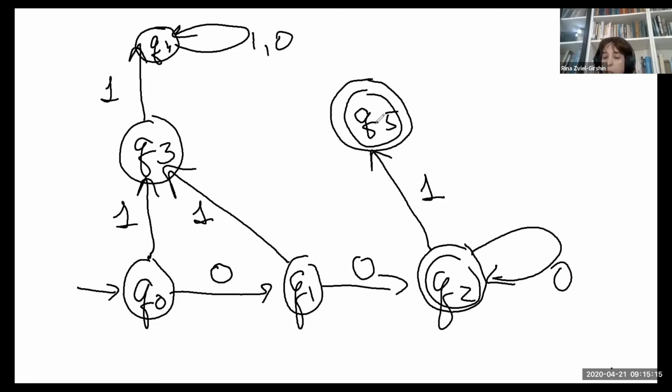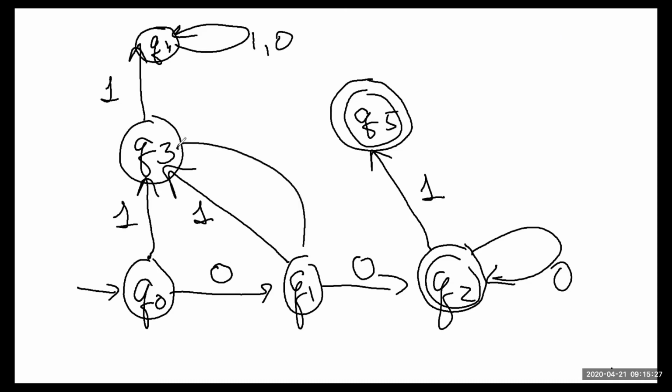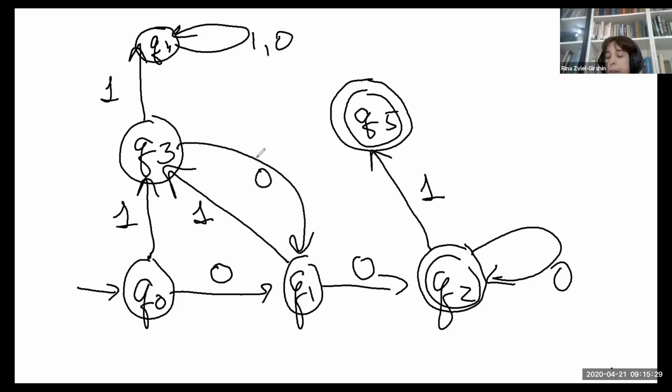I continue to Q3. In Q3, I have a transition with 1. If I get 0, where should I go? Q1. Exactly. With 0, I cancel that I started to watch substring 11, and I started to watch substring 00.